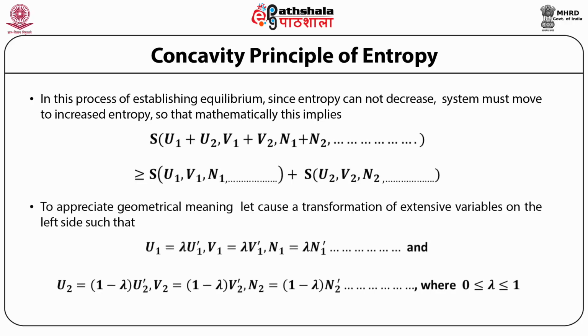To appreciate the geometrical meaning, let us cause a transformation of extensive variables on the left hand side such that u1 is equal to lambda u1 dash, v1 is equal to lambda v1 dash, n1 is equal to lambda n1 dash, and u2 is equal to 1 minus lambda u2 dash, v2 is equal to 1 minus lambda v2 dash, n2 is equal to 1 minus lambda n2 dash and so on, where lambda lies between 0 and 1.